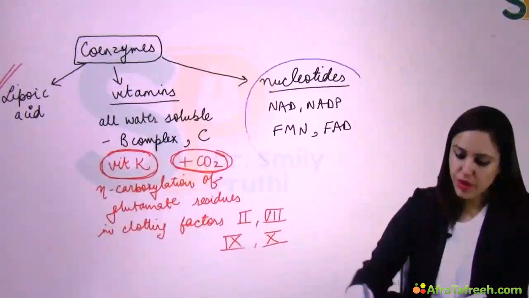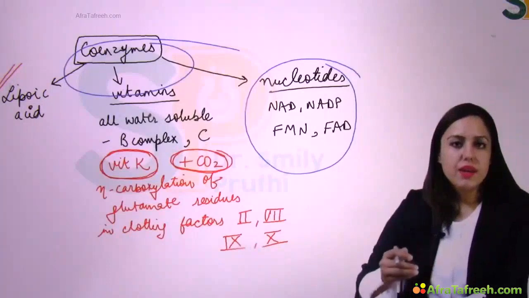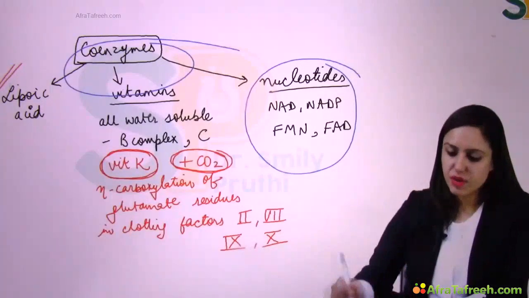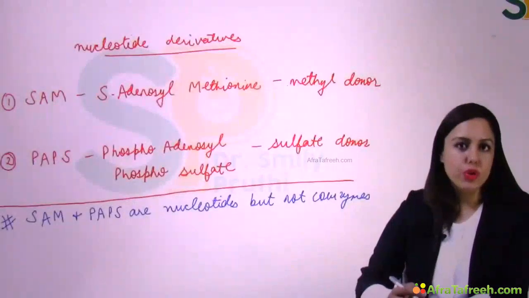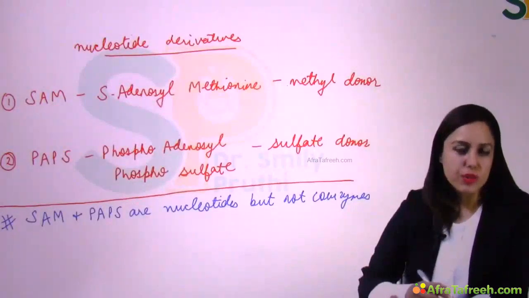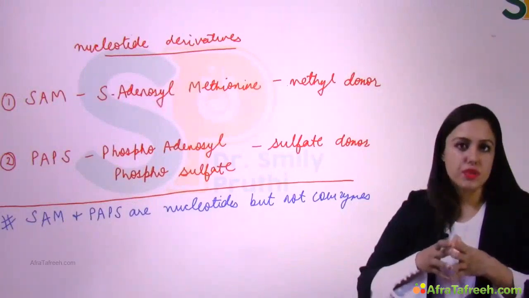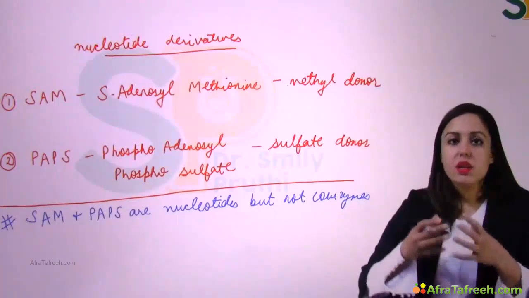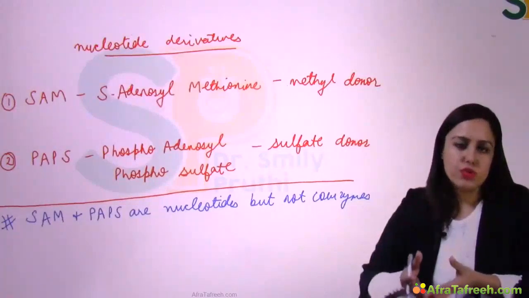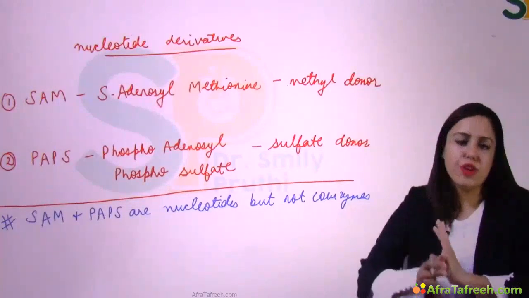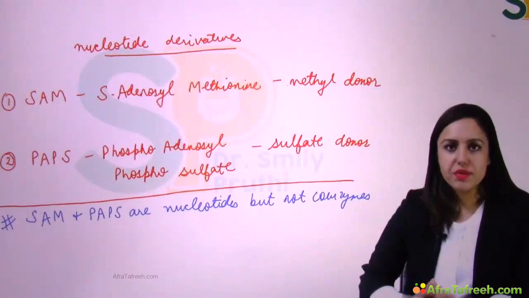The nucleotides which act as coenzyme are NAD, NADP, FMN, FAD, right? But we said that SAM and PAPS are nucleotides but not coenzymes, right? They are not helping enzyme, right? They are not coenzyme. They are themselves methyl or sulfate donor, right? They give methyl or sulfate group to the various recipients, right?